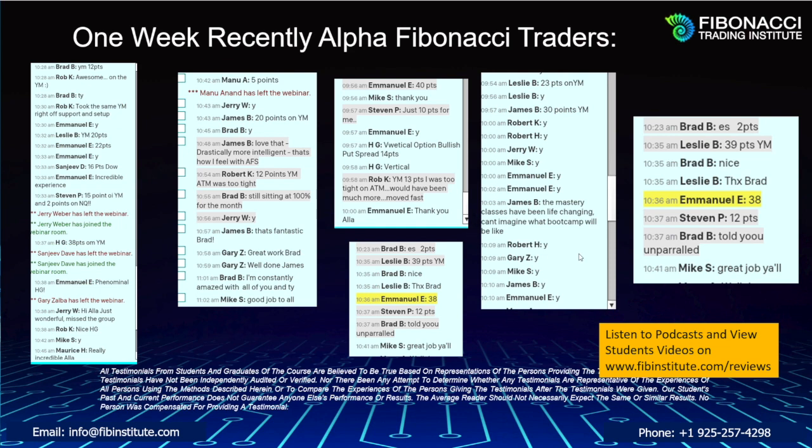As James says, mastery classes have been life-changing. Can't imagine what bootcamp will be like. And if you come to FibInstitute.com reviews, you will see how Alpha Fibonacci traders trade and what they trade, and you will be amazed. If these traders can do it, so can you.